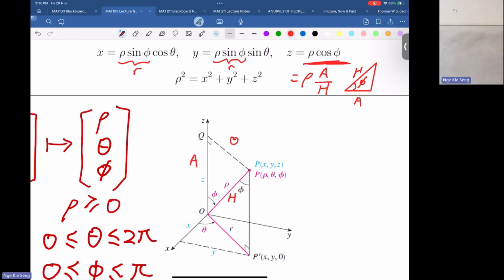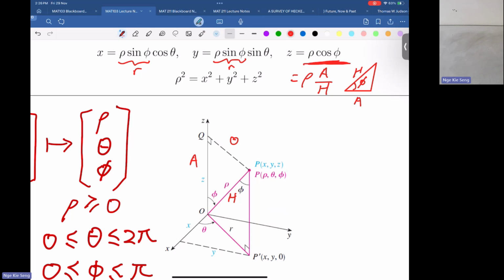So actually it computes the radius from the origin when you project orthogonally to the xy plane. Can you see that? If you project orthogonally into the xy plane, what's the distance here?